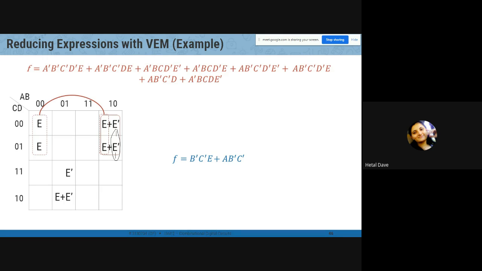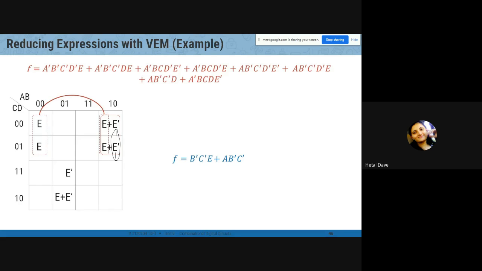Any doubt? E will be covered only with E. E will not be covered with E dash. If they are in the same cell, then we are not actually covering it. We are not making a group of E or E dash.